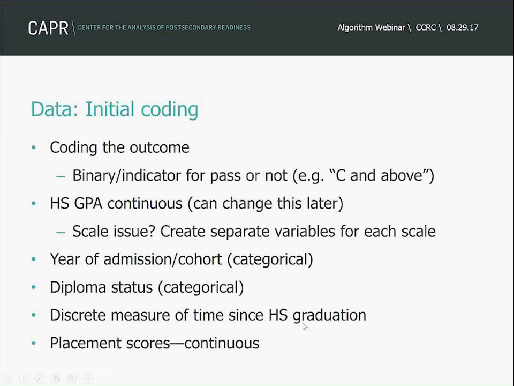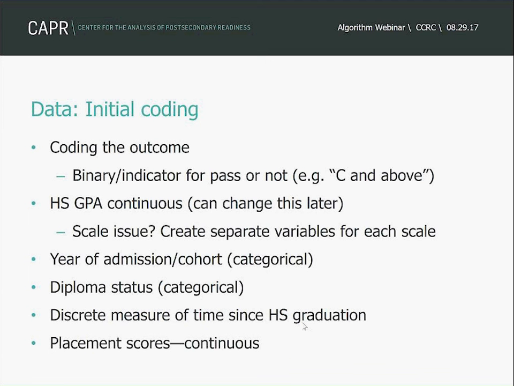And one issue that we ran into is that some students come in with GPAs on a 4-point scale. It seemed like most students came in with GPA on a 100-point scale, more or less. One easy way to handle this is to create separate variables for each if you don't want to try and translate the scales. So you might have a high school GPA 4 as one variable, and then a high school GPA 100 as another.